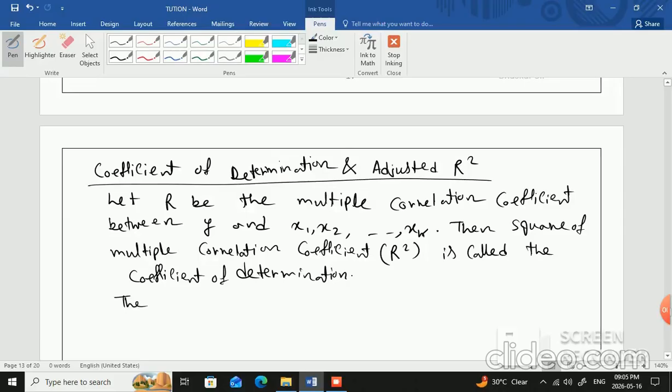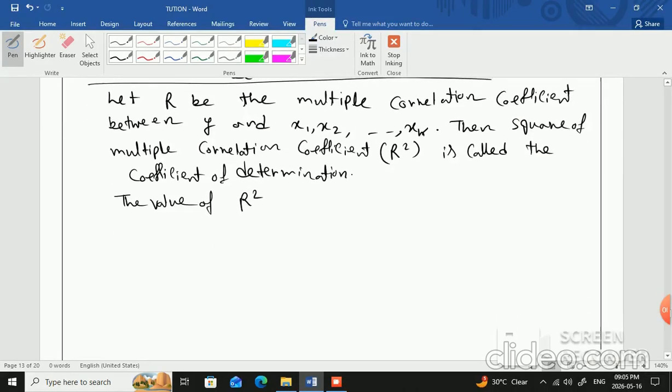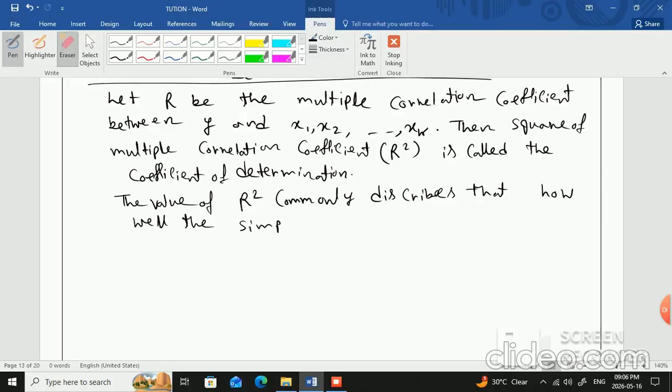The value of R square commonly describes how well the sample regression line fits to the observed data.